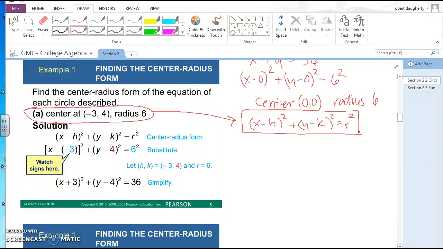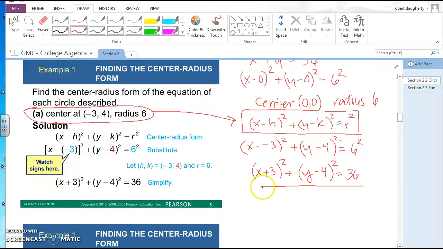It looks like the center is at (-3, 4), so I've got (x minus -3) squared plus (y minus 4) squared equals, the radius is 6, so 6 squared. This really reduces down to (x plus 3) squared plus (y minus 4) squared equals 36, or 6 squared, it doesn't matter.